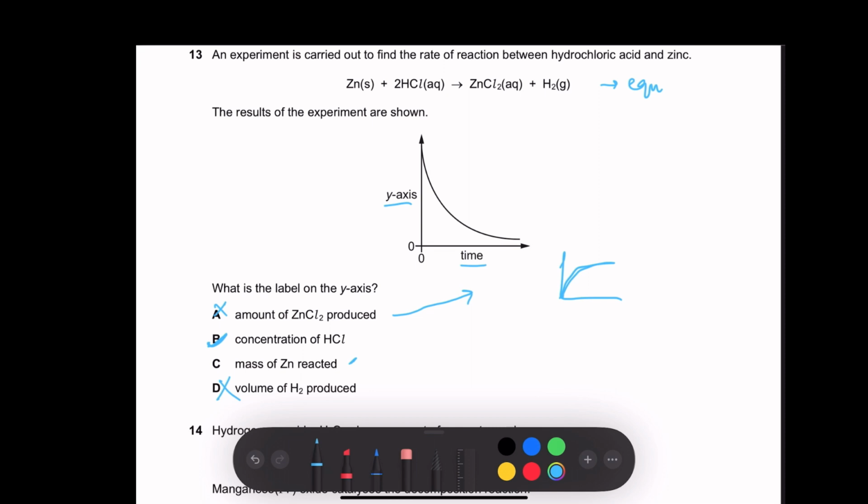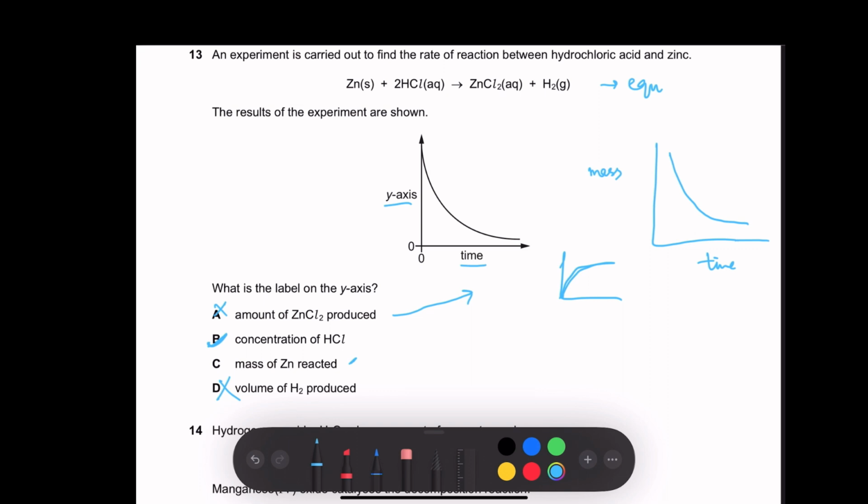As the reaction proceeds, there was one graph of mass versus time, when it was simply mass, the graph was like this. The mass was decreasing as the reaction was proceeding.